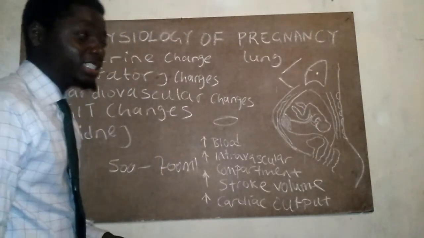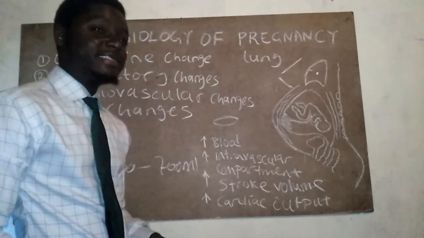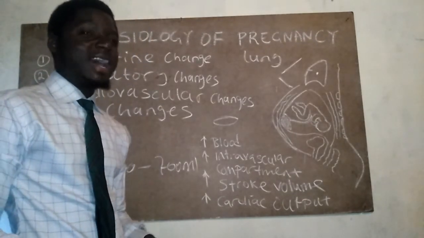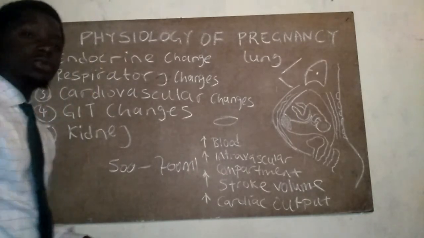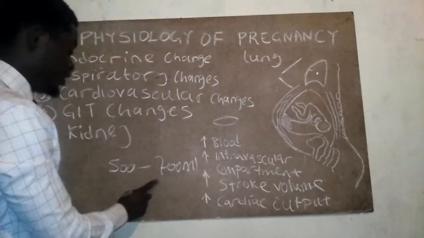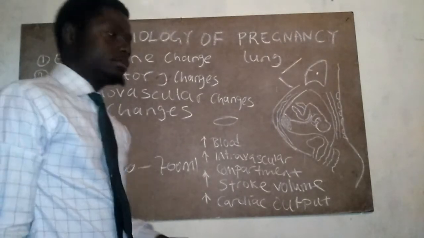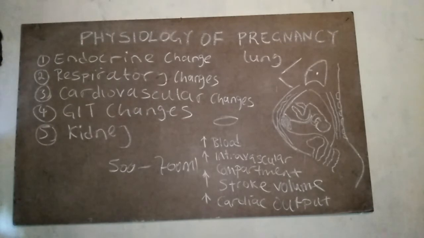And when there is an increase in the intravascular compartment, the kidneys need to work even harder and harder. So that is also driven by this increase in blood in the mother's circulatory system.